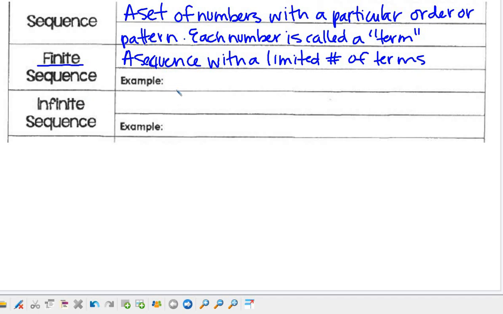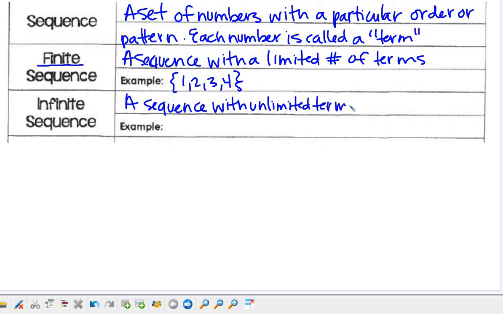So for example, 1, 2, 3, 4. Finite sequence has 4 terms. Okay? An infinite sequence obviously would be a sequence with unlimited terms. So it does not end.